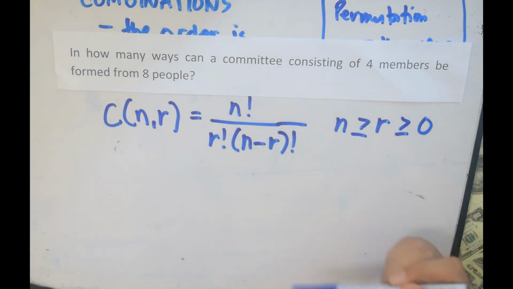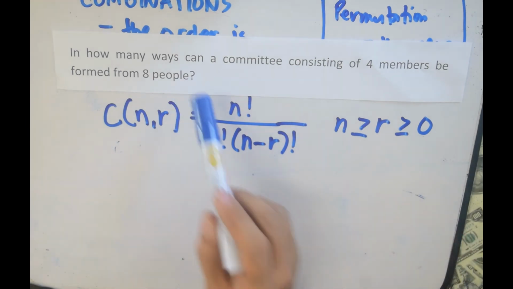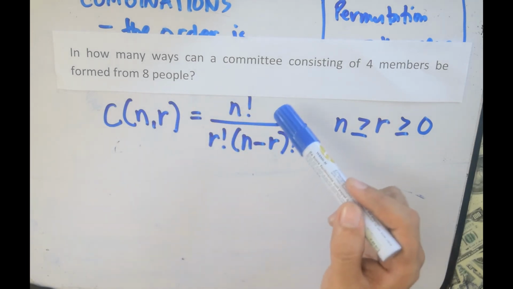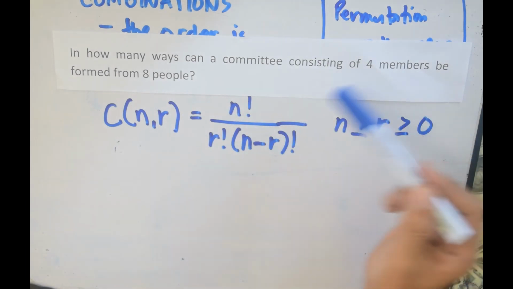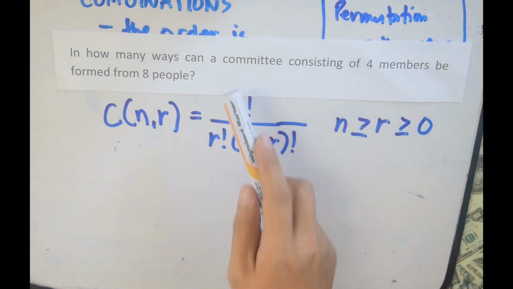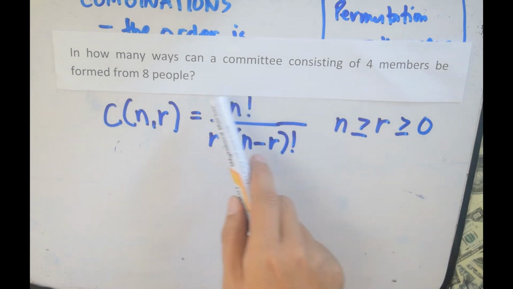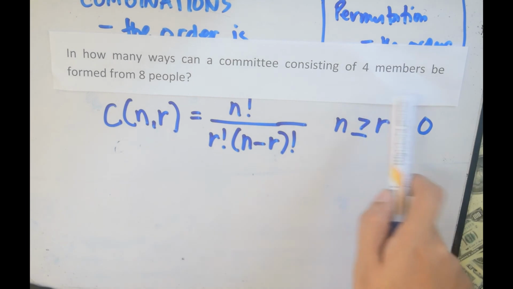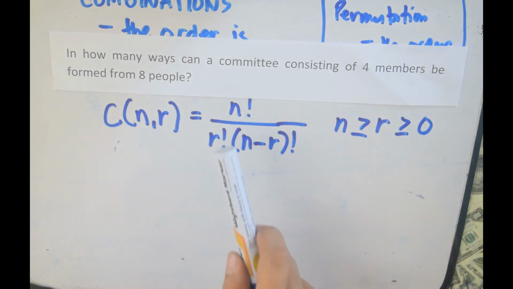However, if the order is not important, the question is a combination. Reading the example again, you are going to form a committee consisting of 4 members from 8 people.